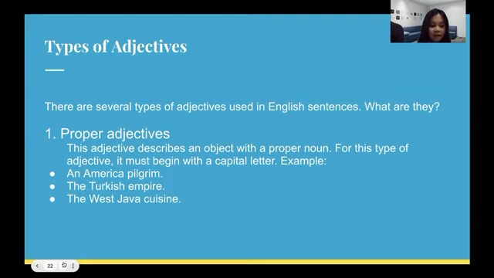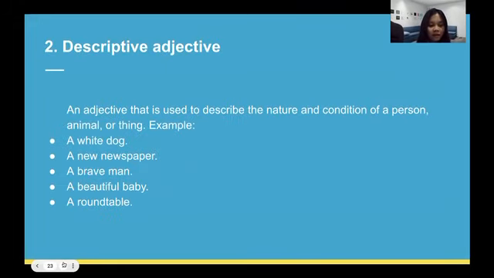Examples: an American pilgrim, the Turkish Empire, the West Java cuisine. Two, descriptive adjectives. These describe the nature and condition of a person, animal, or thing. Examples: a white dog, a new newspaper, a brave man, a beautiful baby, a round table.